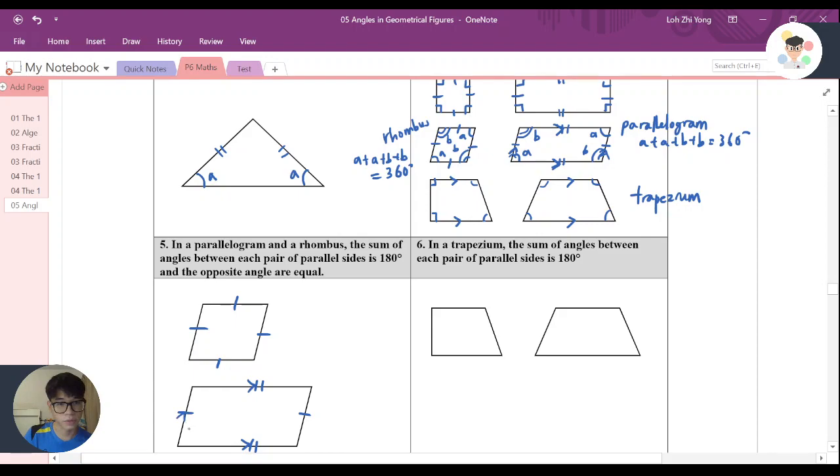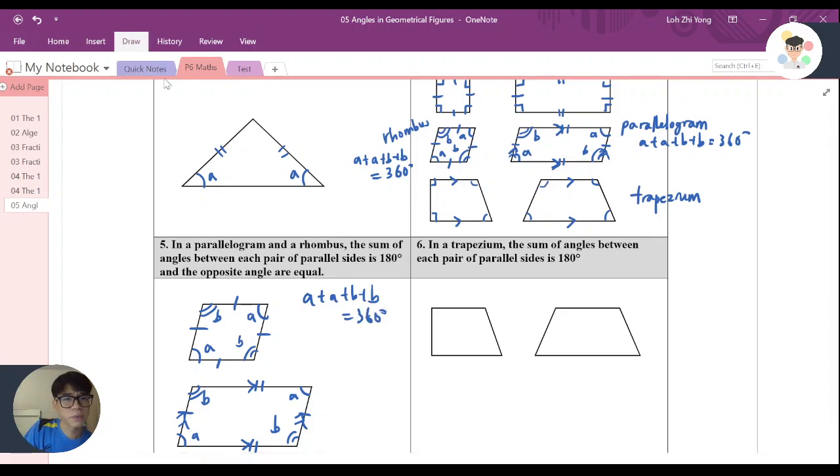Okay, let me just quickly just finish my drawing. Now I put here as A, I put here as A, I put here as B, I put here as B. And the same drawing that I actually drawing from tips number 4. You know that A plus A plus B plus B is equal to 360. This is what we know from the previous one.